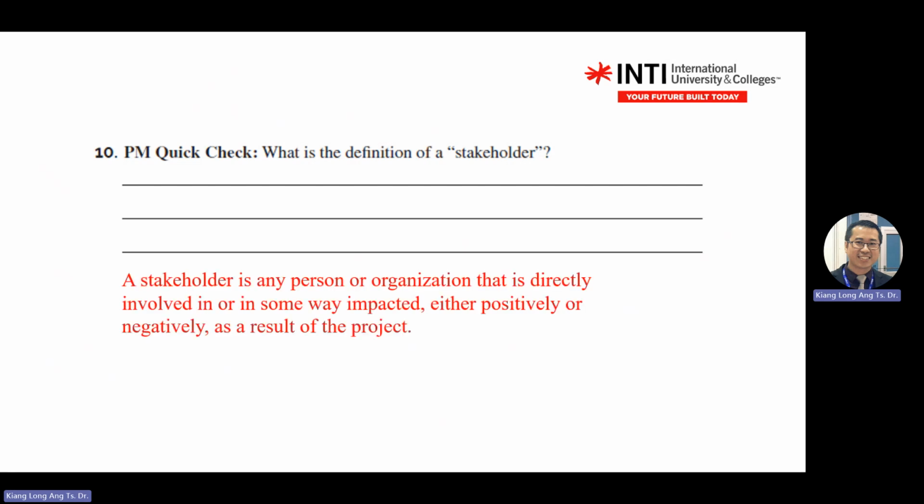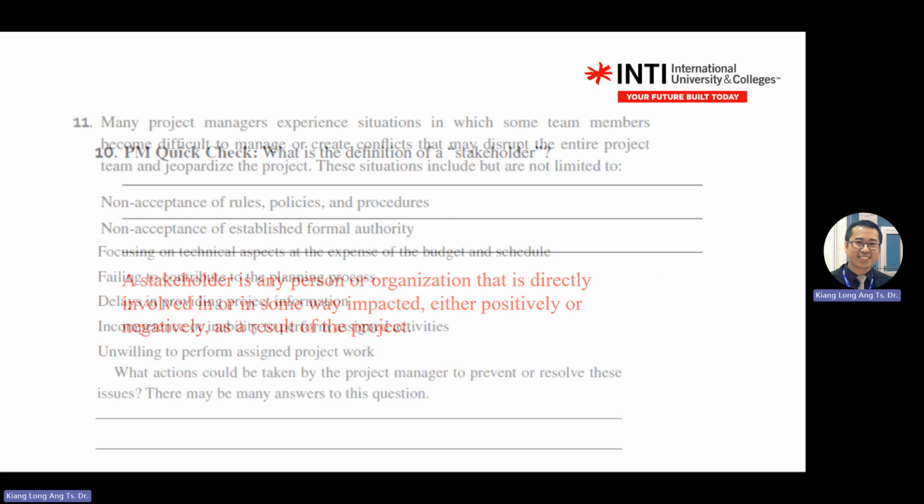Keywords are involved, and impact or influence, positively or negatively, the results. These are the words we are looking for if we ask you to write the stakeholders definition. So who can be the stakeholders? They are listed in the previous example.